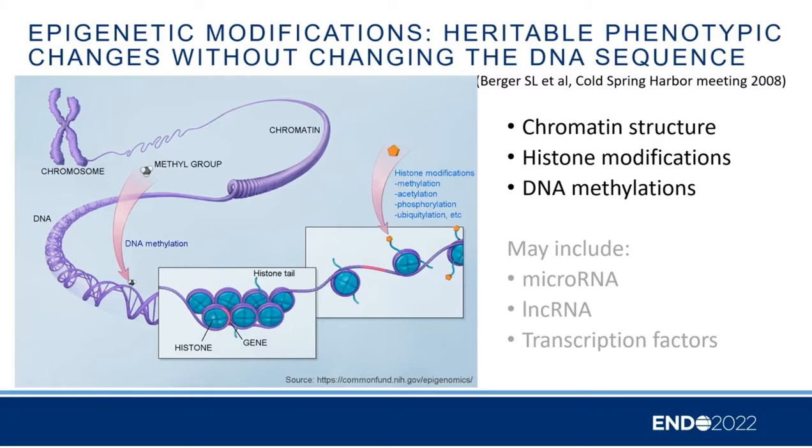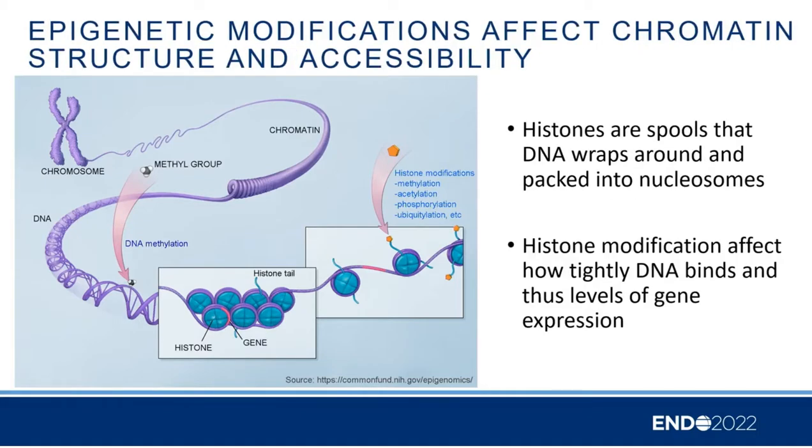In some broader definitions, it could also include microRNA, long non-coding RNA, or transcription factor binding, none of which involve changing the DNA sequence. But for the purpose of this talk, I would like to use the narrower definition and focus on the first three items.